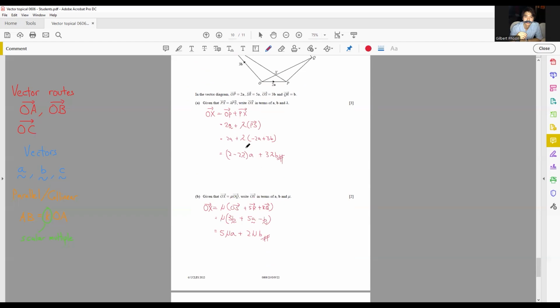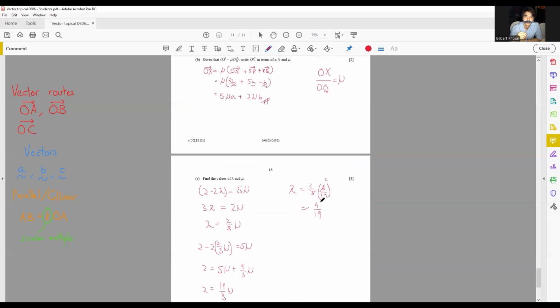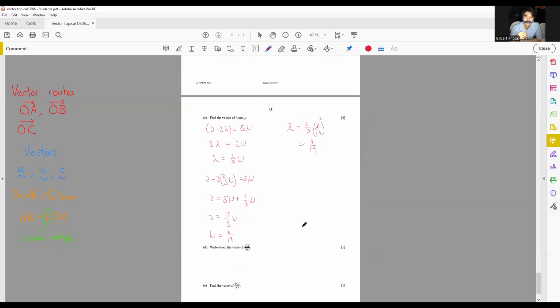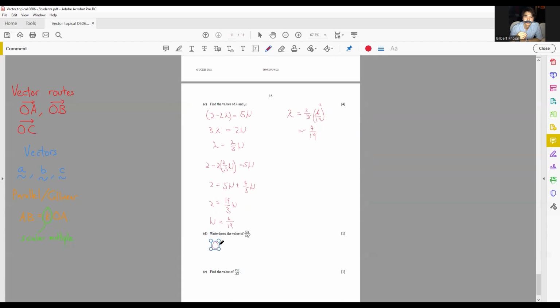So if we look back over here, OX, OQ is actually using this formula here, right? So can we say that O to X over O to Q is equal to mu? Since OX over OQ is equal to mu, OX over OQ is actually equal to mu, which is 6 over 19.